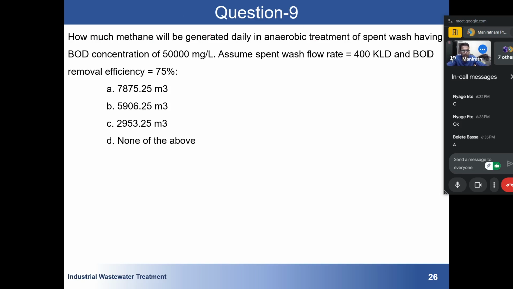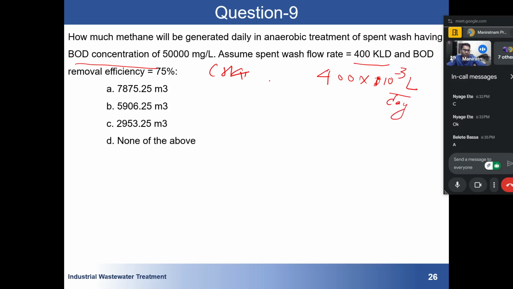We know that methane is CH4. It says a wastewater having a BOD concentration is coming, and the flow rate is 400 into 10 to the power 3 liter per day.